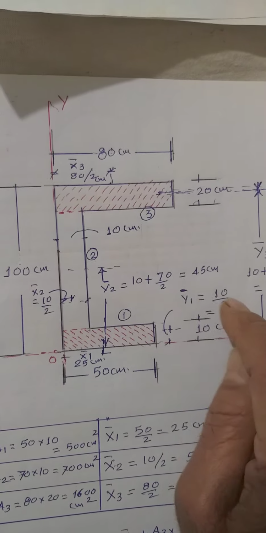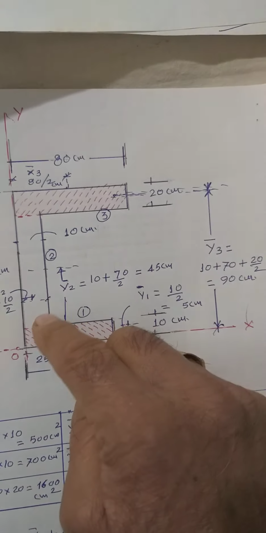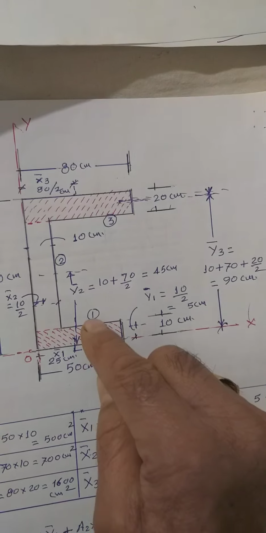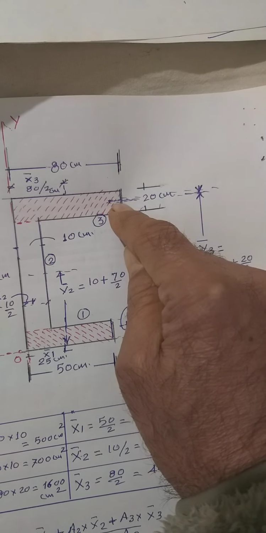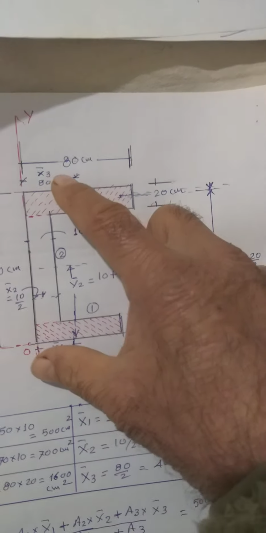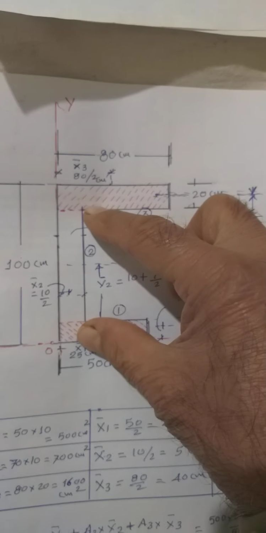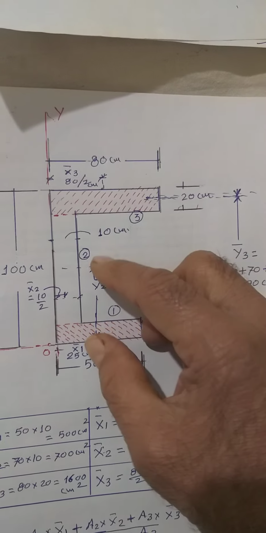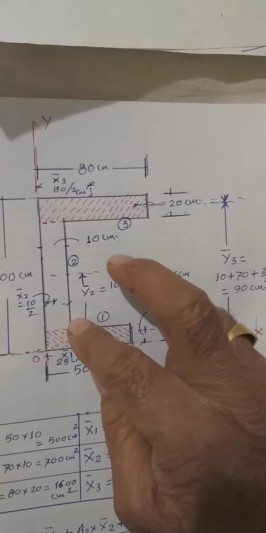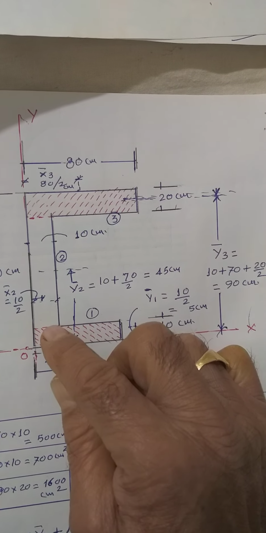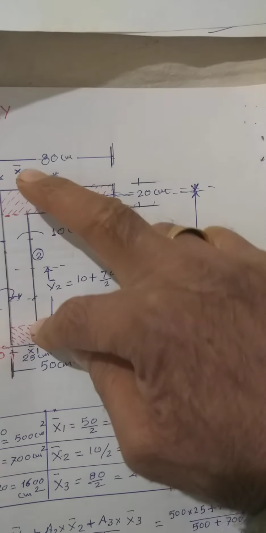Now, if I am talking about figure number 2, which is 70 centimeter right from here to here, 10 centimeter, 20 centimeter, that is total 30, out of the 100 that becomes 70. So, first of all, let us take this 10 centimeter as such. This is 70.